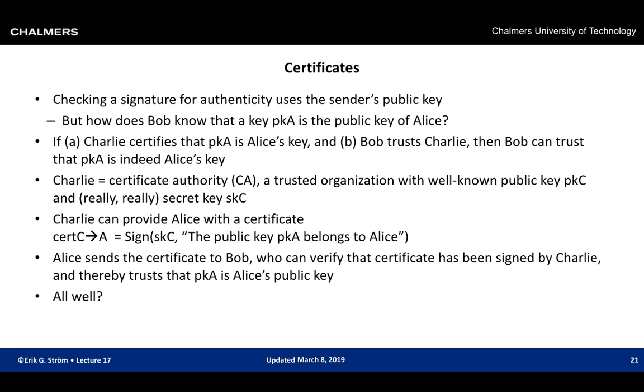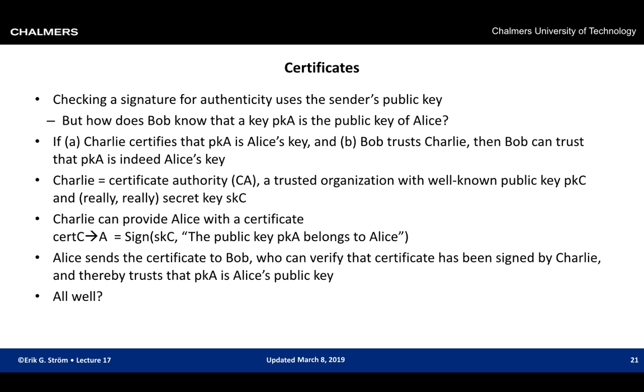You trust Charlie, so therefore you should trust this. And then Alice can send this certificate to Bob, who then can verify that the certificate has been signed by Charlie. And since Bob trusts Charlie, therefore he trusts that PKA is Alice's public key.